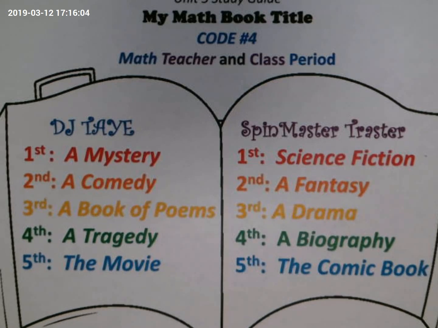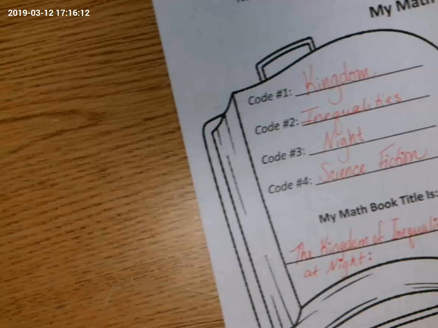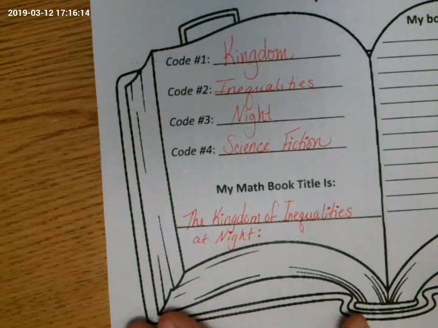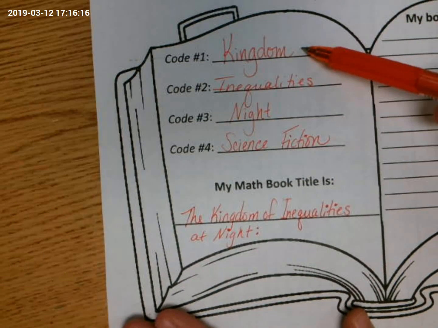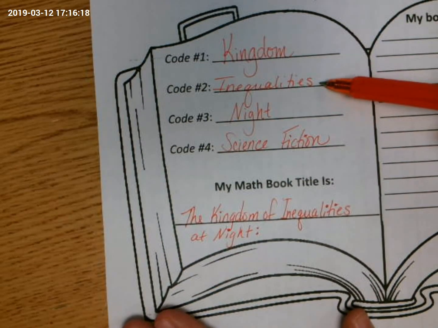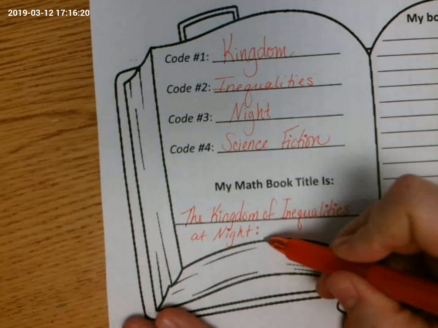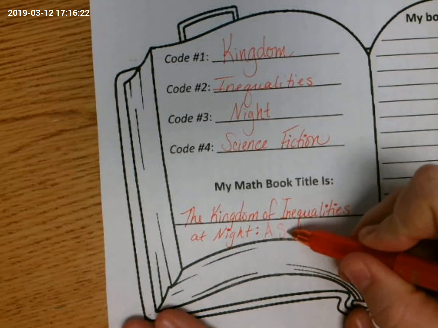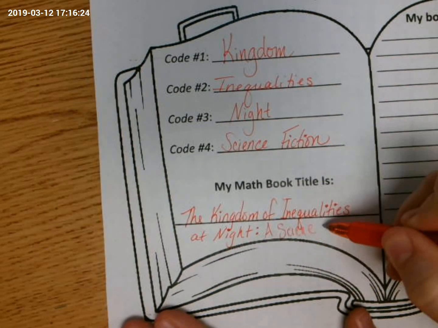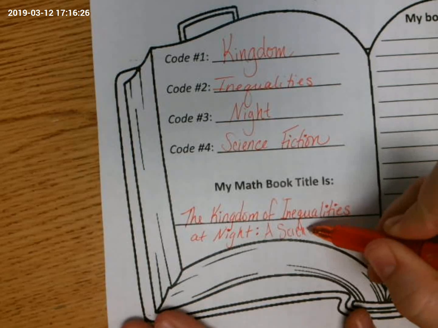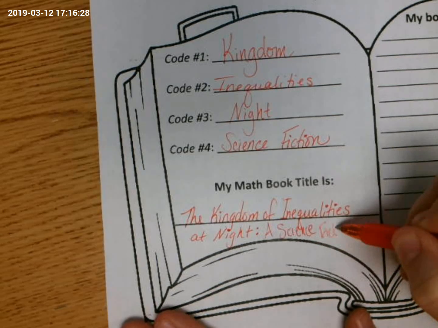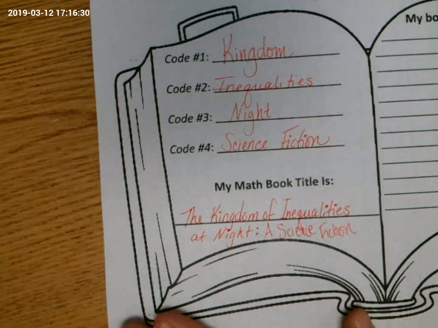Awesome. And mine, I'm going to also follow your lead, and I'm going to choose my first period, and that means it's a mystery. So for mine, while you're writing yours out, Miss Tay, I know you're getting yours ready there, mine will be The Kingdom of Equalities at Night, a science fiction novel.